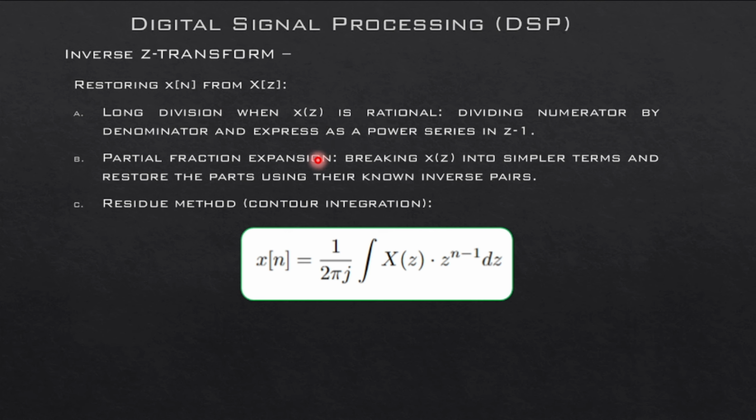Partial fraction expansion, so breaking x z into simpler terms, and restoring the parts using their known inverse pairs. And finally, the residue method, which is contour integration: x n is equal to 1 over 2 pi j integral of x z times z to the power n minus 1 dz. This is how you restore.